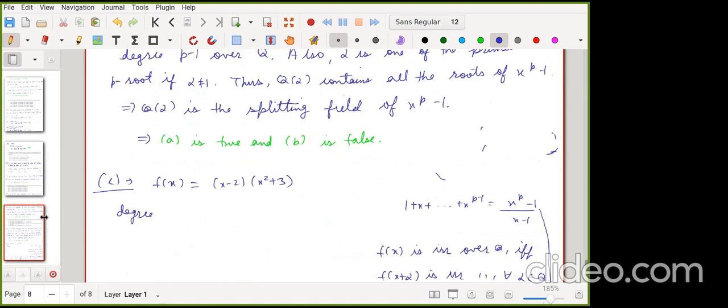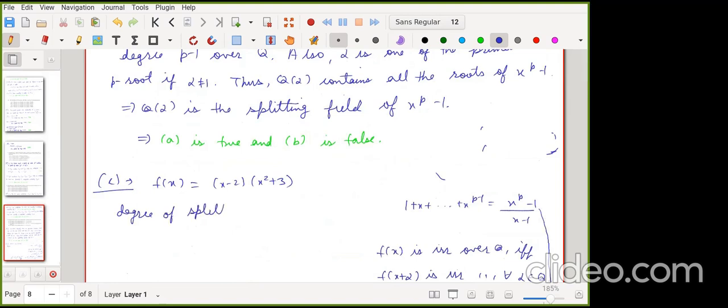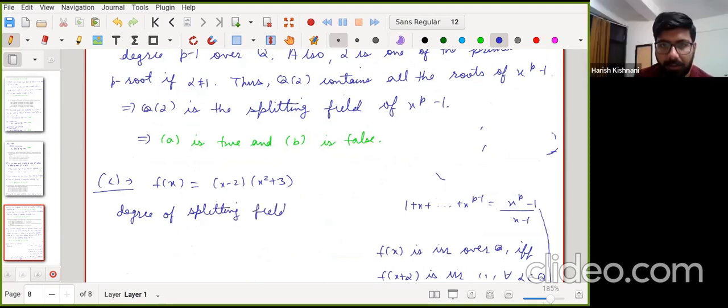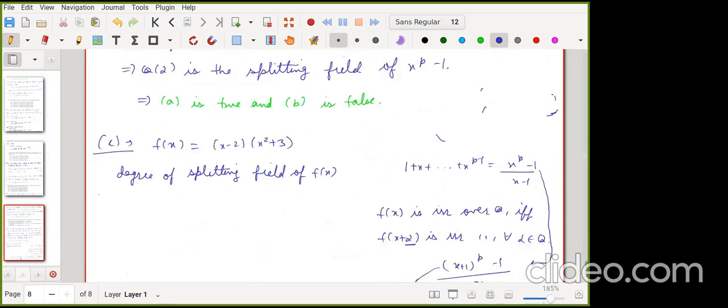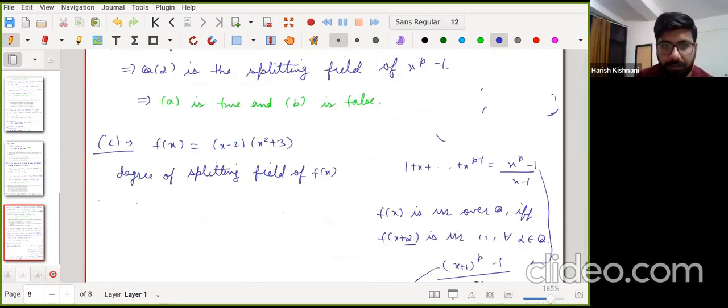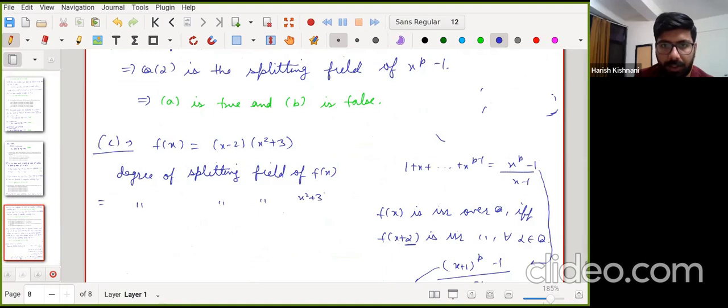So the degree of the splitting field of f(x) is equal to the degree of the splitting field of x square plus 3, right?